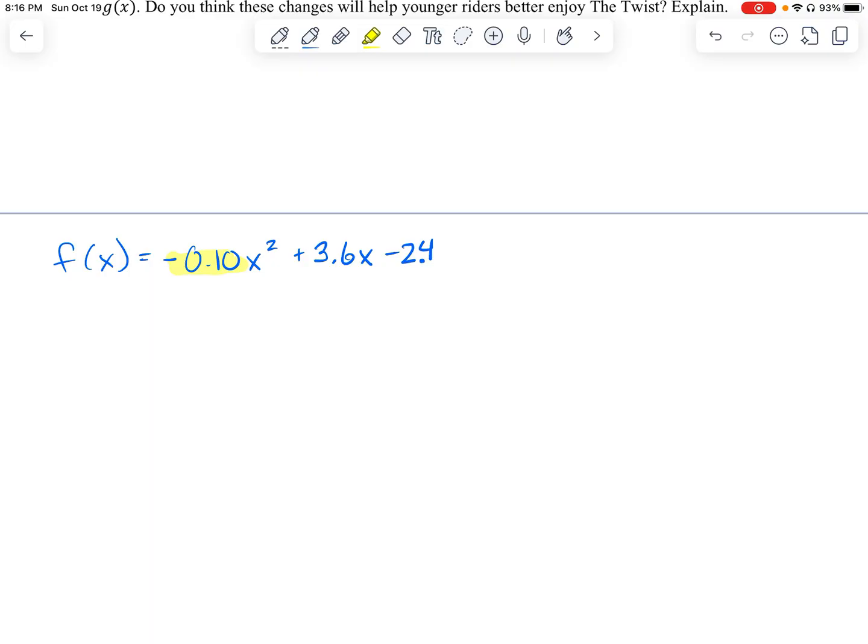So if I divide each piece by negative 0.10, then the first piece cancels, and I just get x squared for the first term.